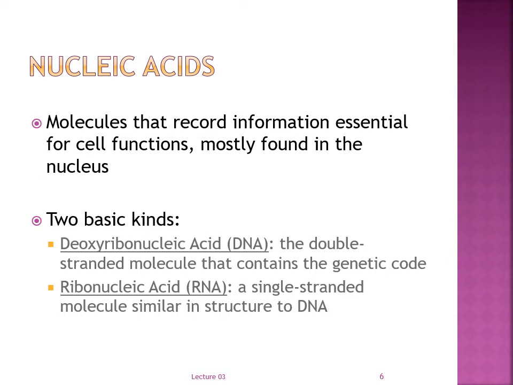That information is stored primarily in the cell nucleus, and the memory banks that actually record the information are therefore called nucleic acids. There are two primary forms of nucleic acid: deoxyribonucleic acid, or DNA, and ribonucleic acid, or RNA. There are also a couple different forms of RNA, but DNA is really more important for understanding evolution.